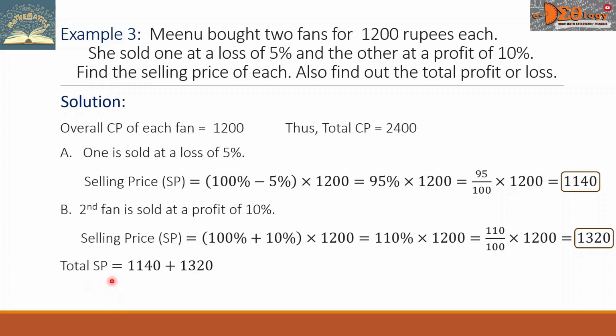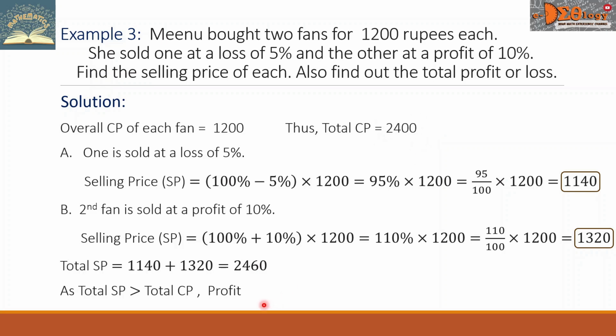Therefore, the total selling price equals, we add the two values, 1,140 plus 1,320. And the sum is 2,460. We can see that the total SP, the 2,460, is more than the total CP, and this is the 2,400.